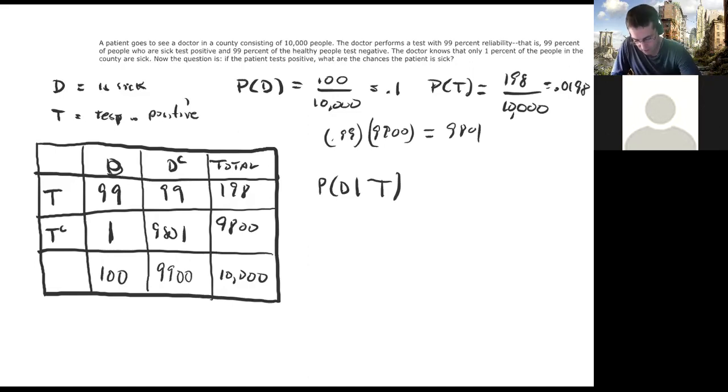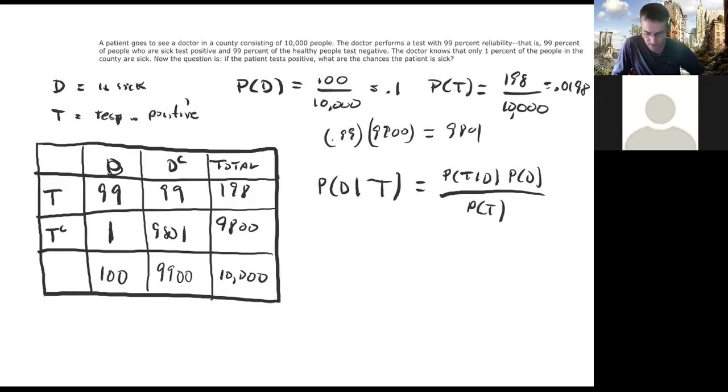So now we're going to use Bayes' formula. Bayes' formula says that that's the probability of T given D times the probability of D divided by the probability of T. Okay, and now what do we get? So what's the probability of T given D?